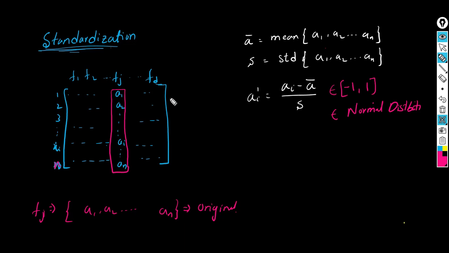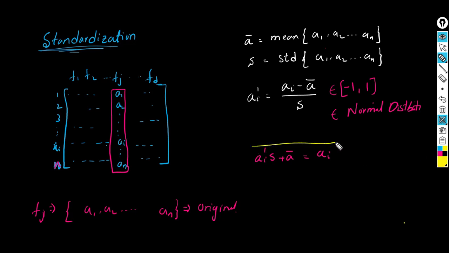If the data is in any distribution, we convert it into a normal distribution by using standardization, and the values lie between -1 and 1. And if we want to do inverse standardization, we can easily convert back: ai bar times s plus a bar, and we will get the original value here.